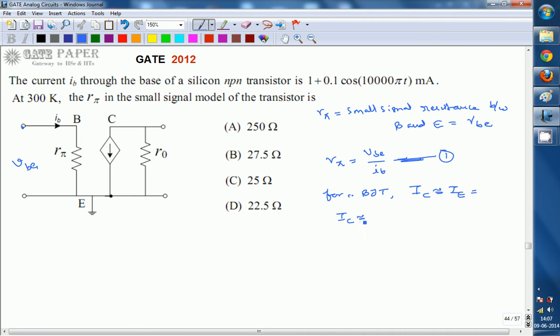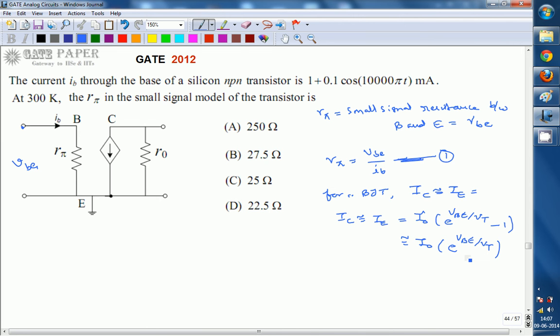IC is approximately equal to IE, which is I naught times e power VBE by VT minus 1. But this can be approximated as I naught multiplied by e power VBE divided by VT itself, because VBE is positive for the NPN transistor and e power positive is very large compared to that 1.